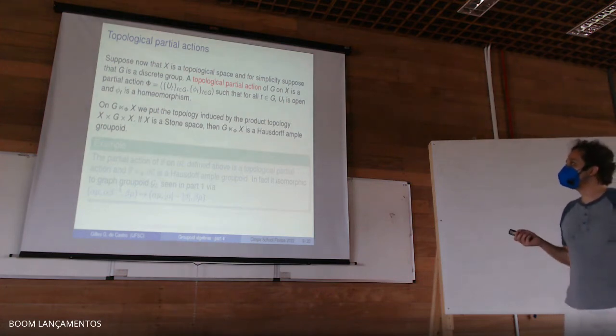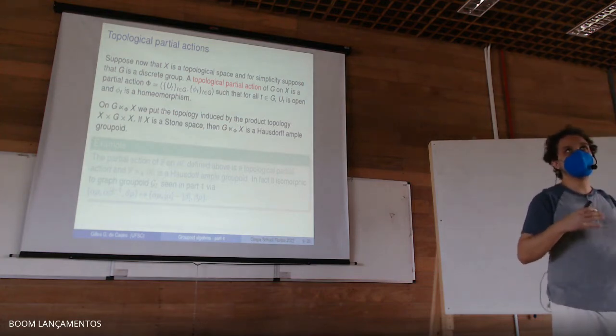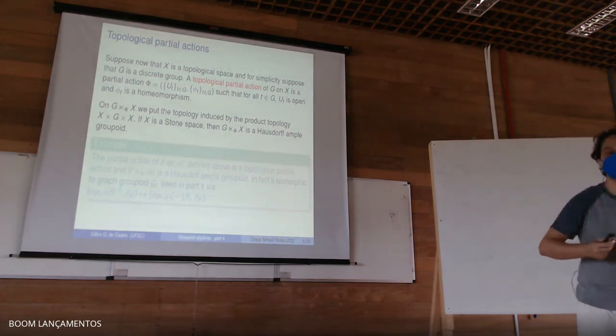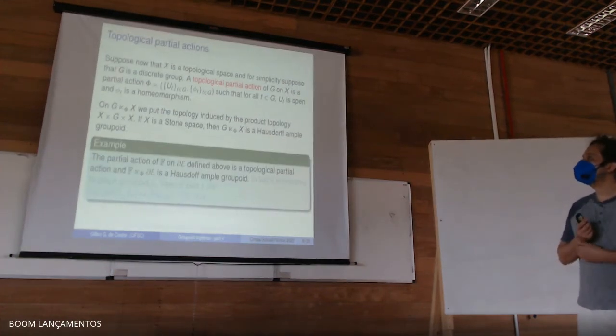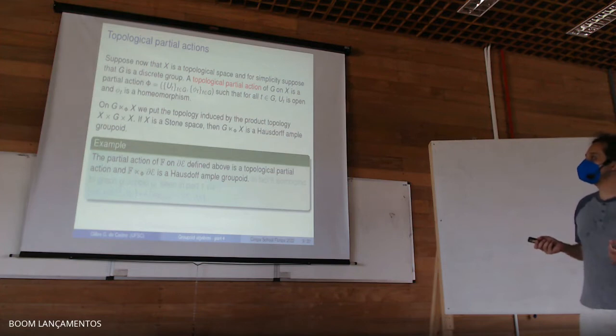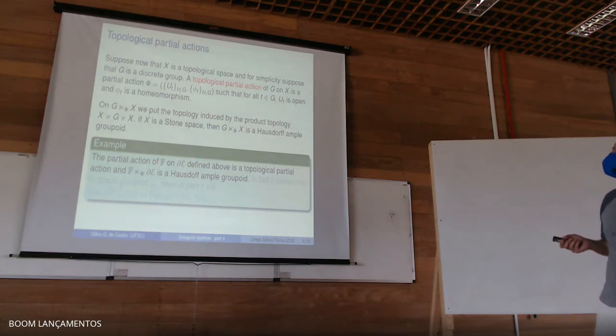Before considering the Steinberg algebra, we need to talk a little bit about the algebraic partial action and the crossed product. And before that, just to show the example that we just had, the partial action of the free group generated by the edges of a graph on the boundary path space. So this is going to be a topological partial action.